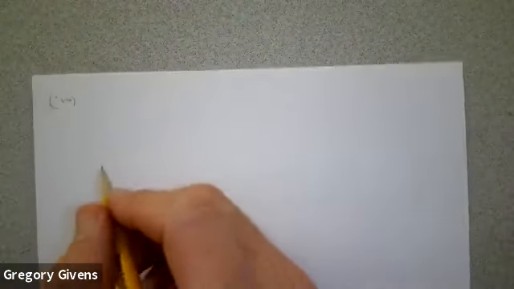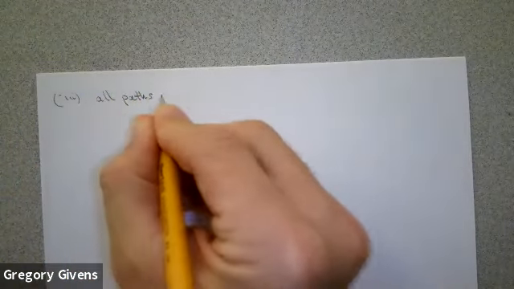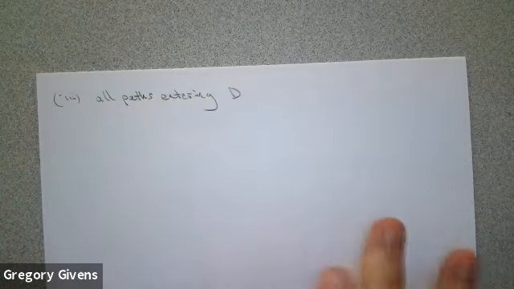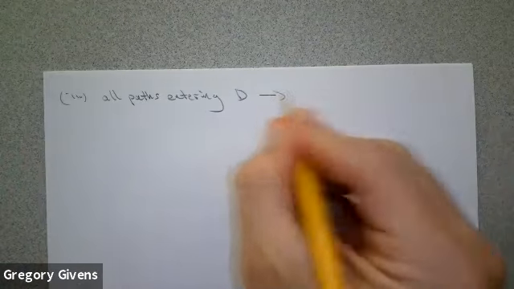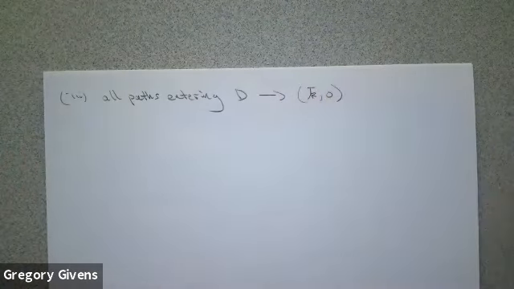The last thing we need to do is we need to say that all paths entering D must eventually converge to k bar and 0.